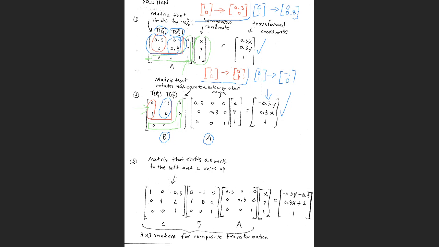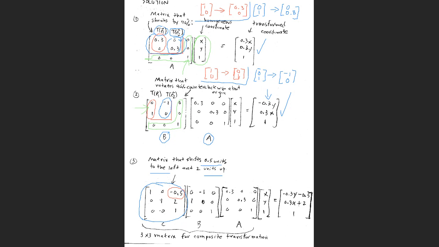Now finally, the last part is we want a matrix that shifts the figure 1/2 unit to the left and 2 units up. That's going to be this matrix here that does that. The changes needed to produce that are here.